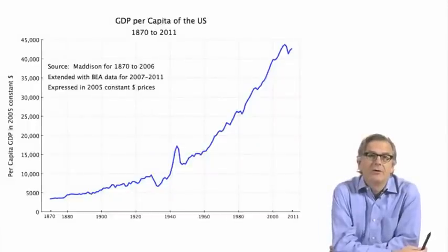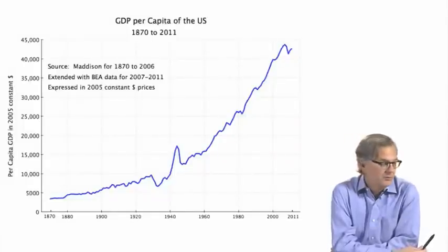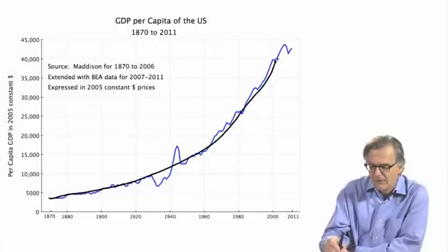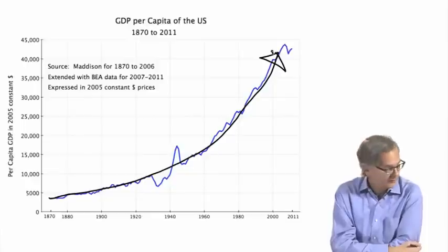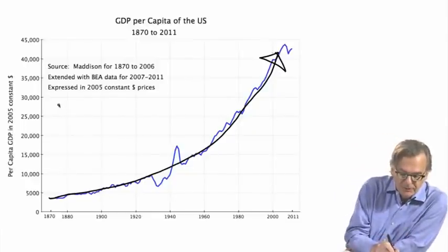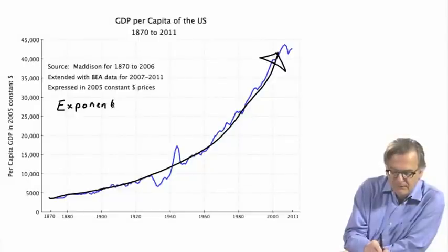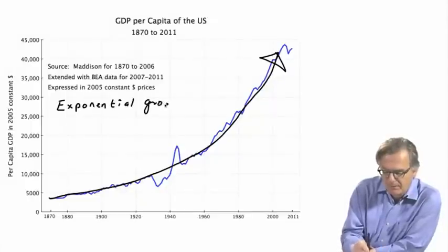And for industrialised countries, the sort of pattern you're seeing here is fairly typical, where there is a tendency over the long run for the flow of GDP per person to grow, but to grow in a particular way. What you're looking at is known as exponential growth.